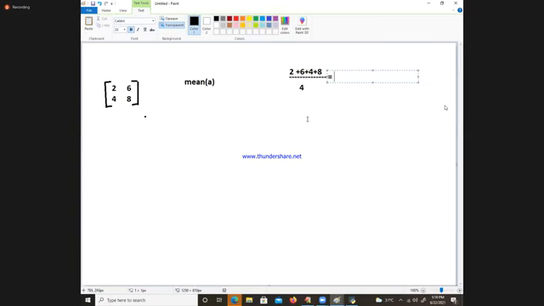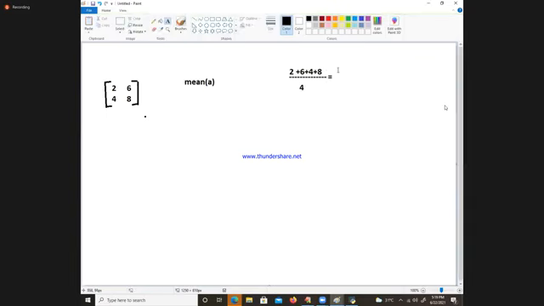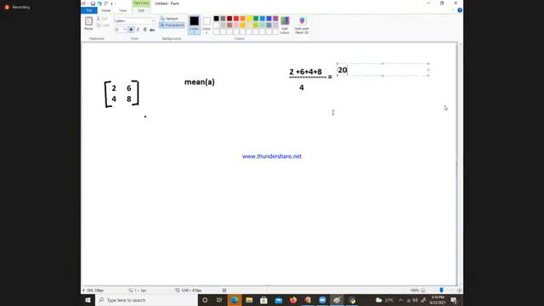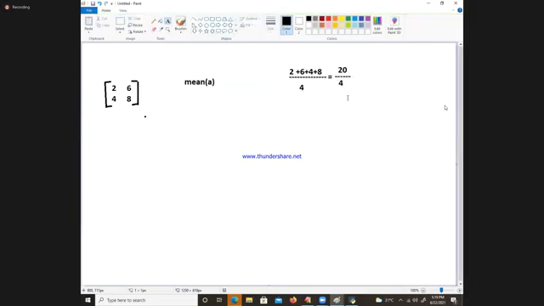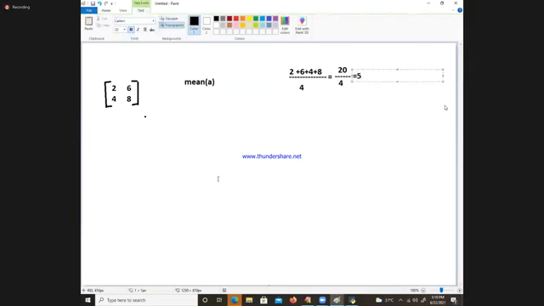Those who did not understand, last and final chance. Last chance for supplementary to pass. After that, the examination will be denied. The mean is equal to 5.